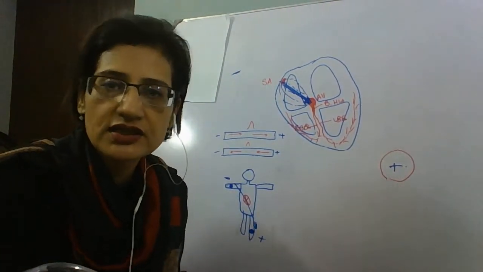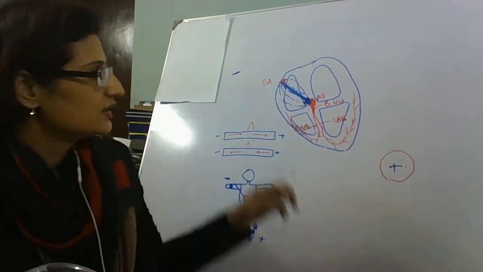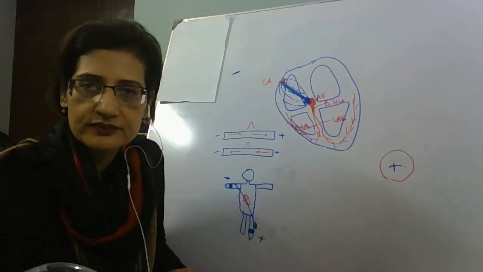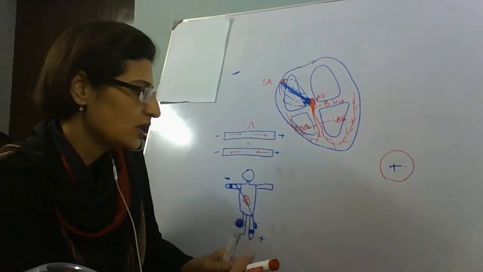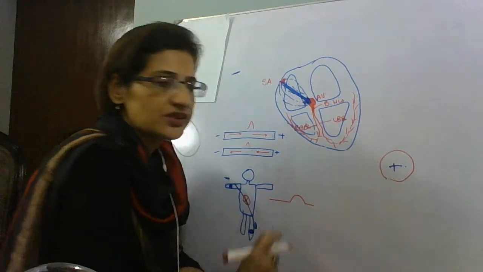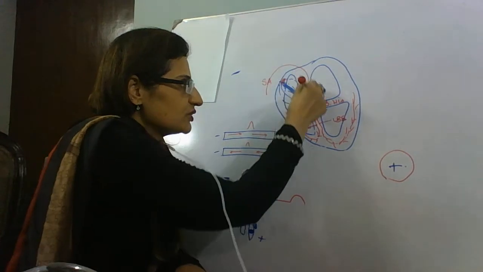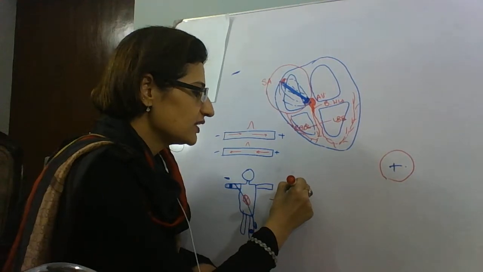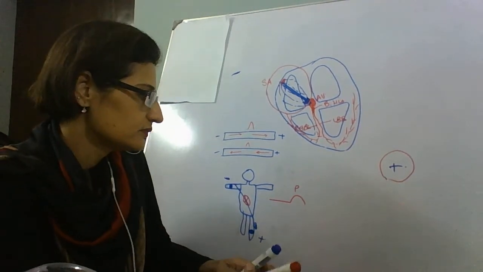So we are looking at the heart from the positive aspect. So looking from downwards, a deflection coming downwards would be positive, right? That understood? Agreed? All right. So this is the first positive deflection you see on the ECG. It shows atrial depolarization, and it is known as the P wave. Understood? All right.